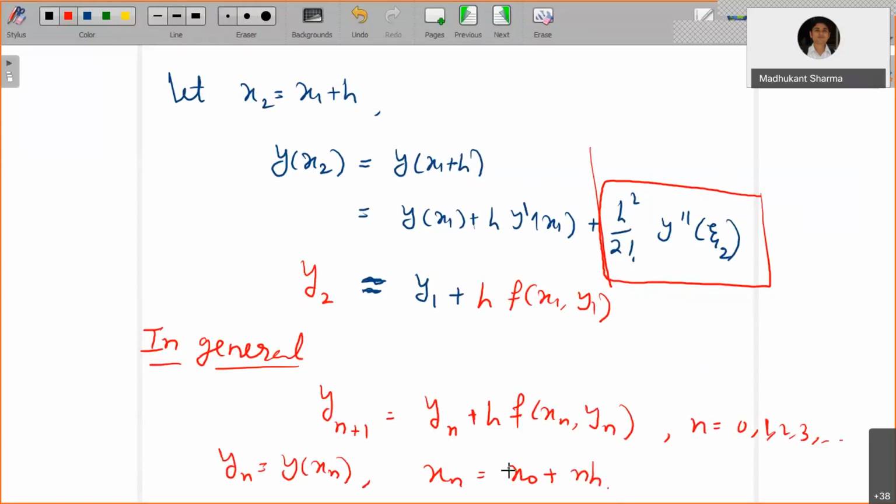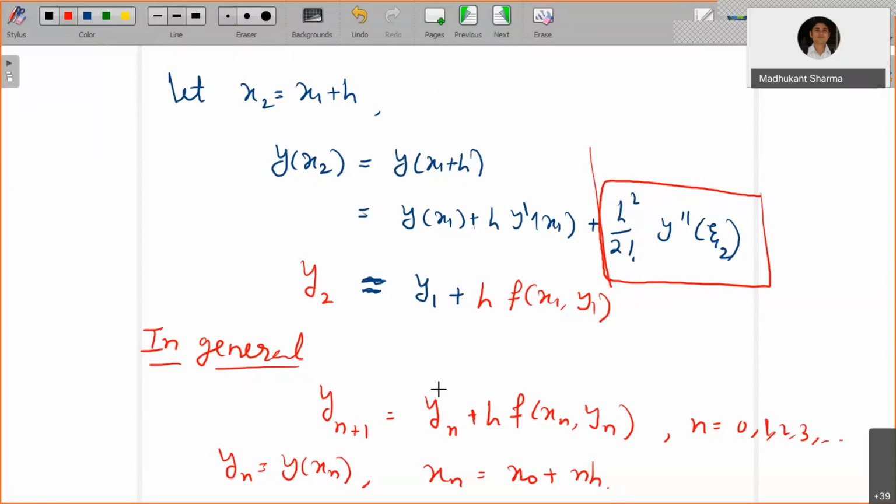So from x0 you have taken n steps ahead. We have taken equidistant points only. So this is called Euler's method for a particular problem.